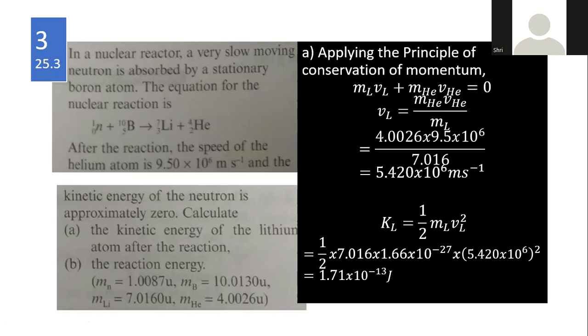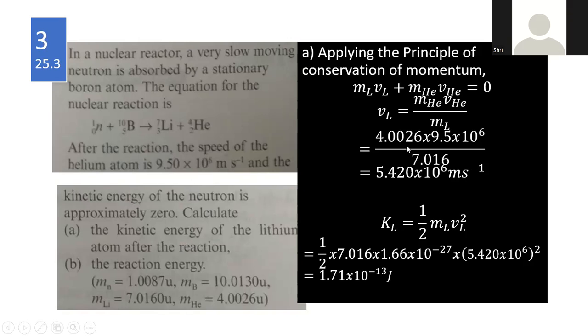Anything that's not clear? If okay, let's go to part B. Yep. Talk to me. Are you okay? Any comment or anything to ask? Any step not clear?